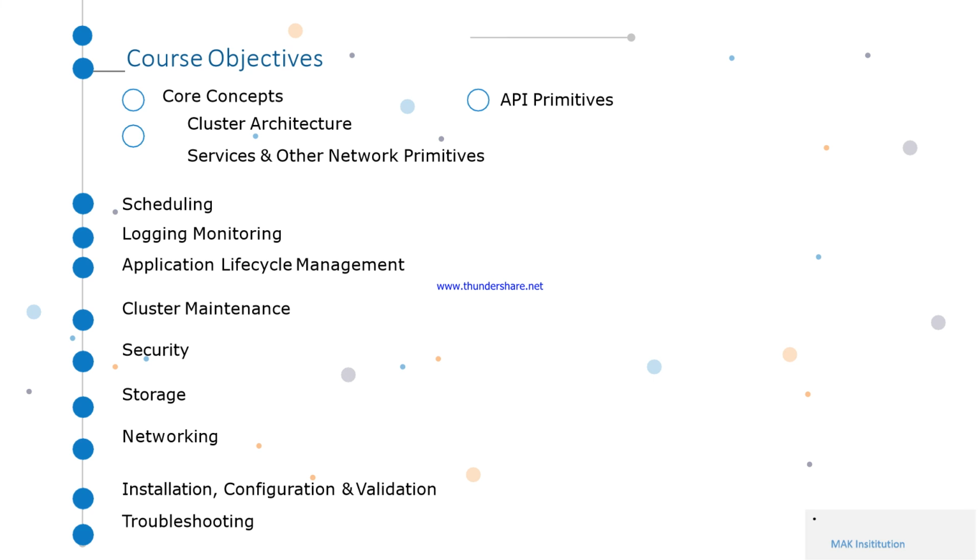These are the topics I am going to cover: cluster architecture in Kubernetes, services and networks, scheduling, monitoring of Kubernetes, and lifecycle management with Kubernetes. Also storage and security, networking, installations and cluster setups, and API gateways. I am trying to cover all the Kubernetes topics from basic to advanced level, end to end.